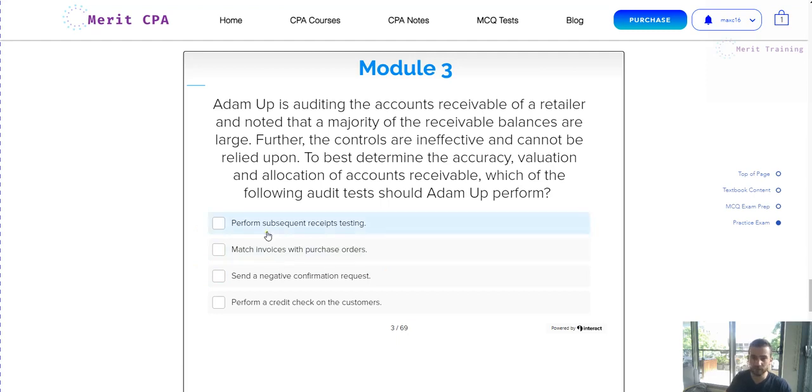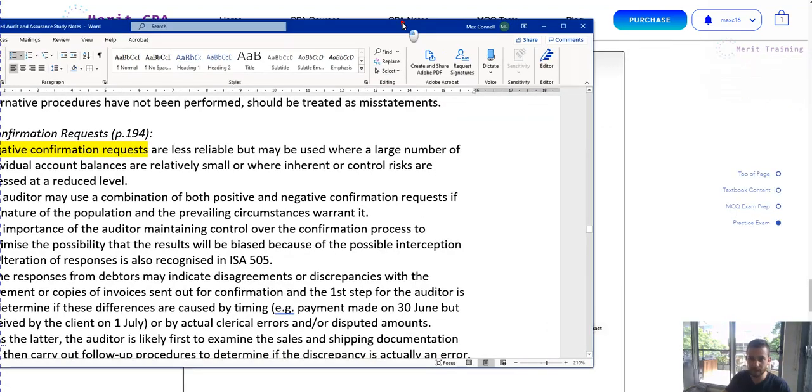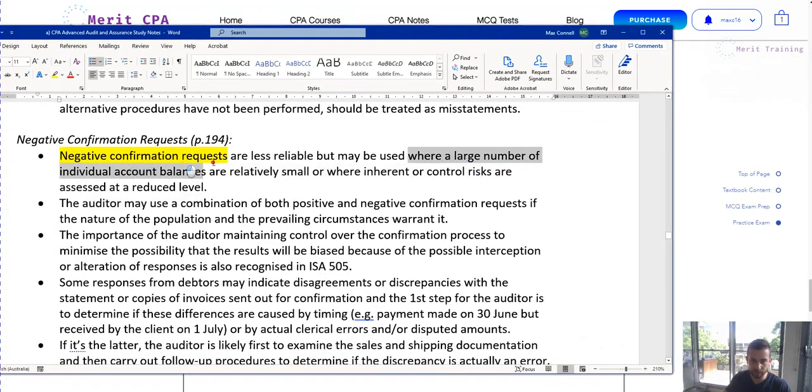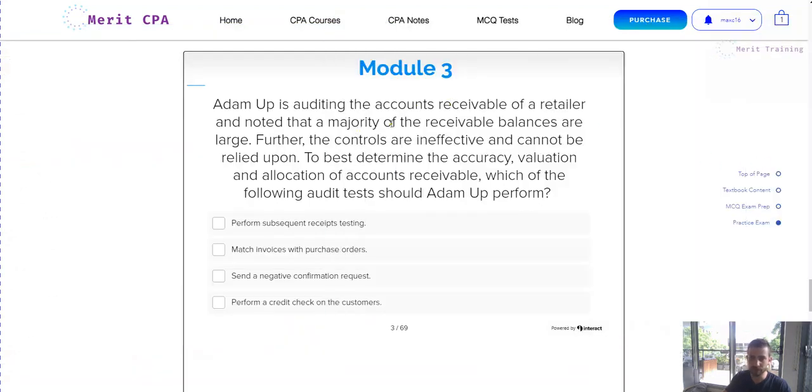It's probably better suited when there's a couple of larger invoices that are owing that you can just go and do a confirmation. It says here in the notes that it may be used where a large number of individual account balances are relatively small. In the question they've given to us, it says that the majority of account balances are quite large. So negative confirmation doesn't work very well in that situation.